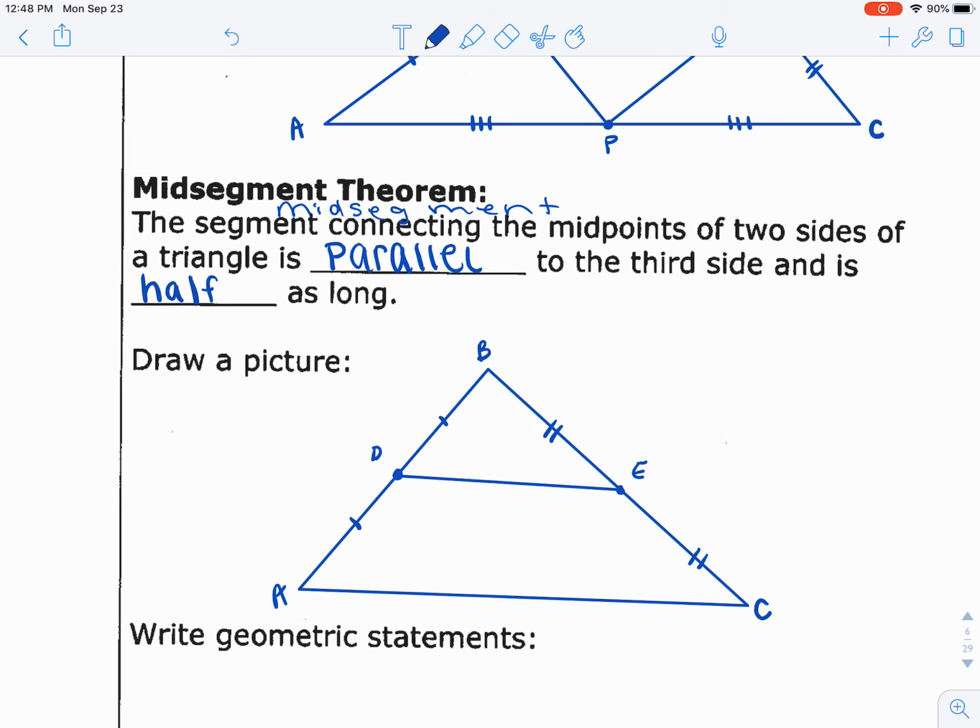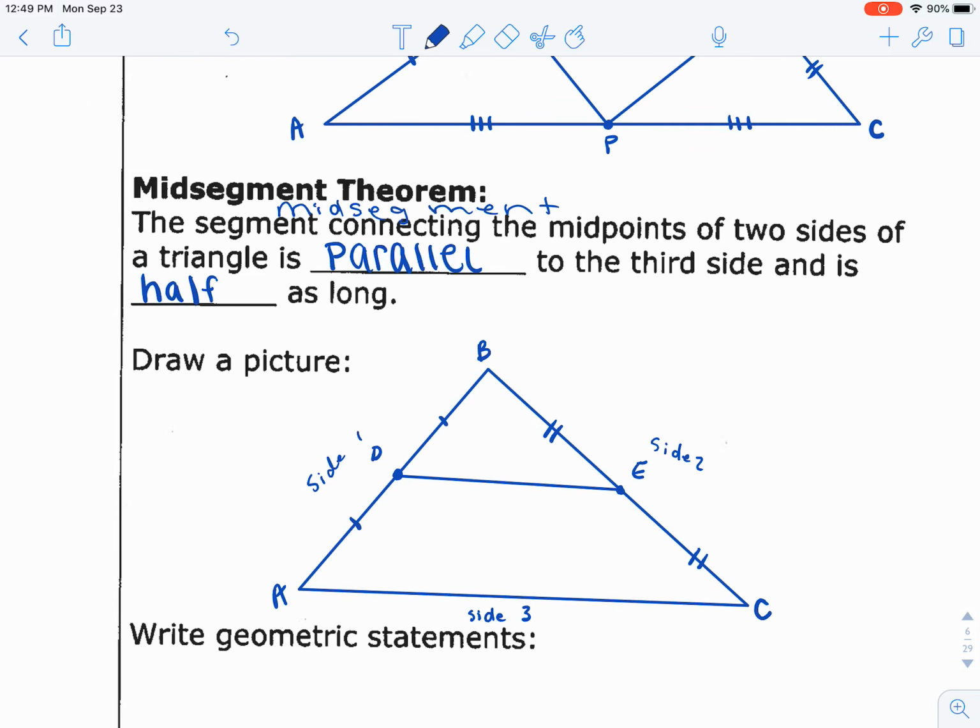DE is a midsegment. This theorem says that the midsegment is parallel to the third side. So if this is side 1, and this is side 2, the sides that contain the midpoints, then DE is parallel to the third side.